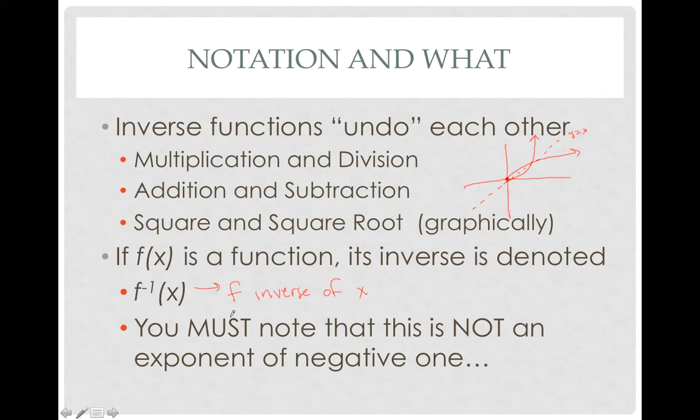This is not, and I stress, this is not a negative exponent. This does not equal 1 over f of x. If you write that, you automatically get the problem wrong. So you must make sure that you do not think that. This is f inverse of x.